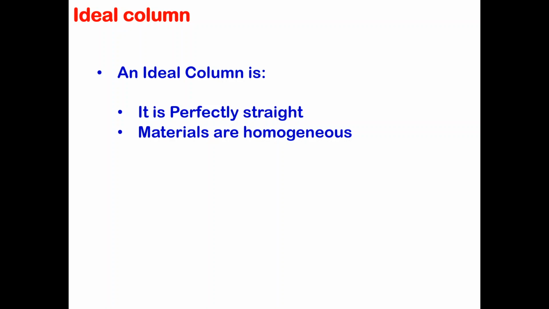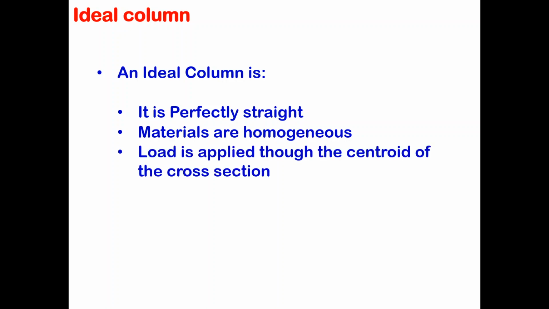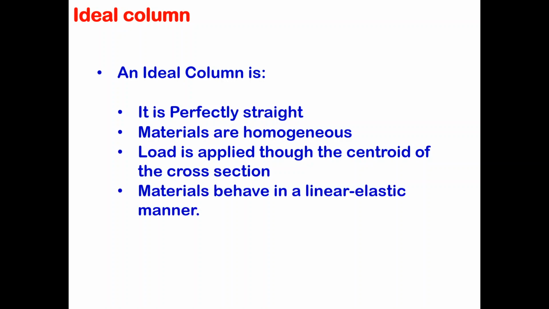The material that is used in constructing the column must be completely homogeneous, which again doesn't happen at all in the real world. And the other main point of an ideal column is that the load must be applied through the centroid of the cross section.